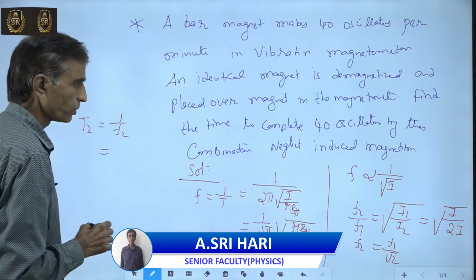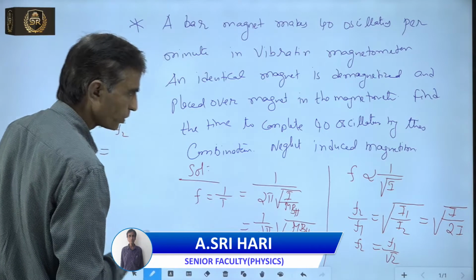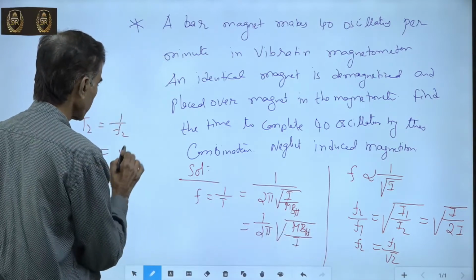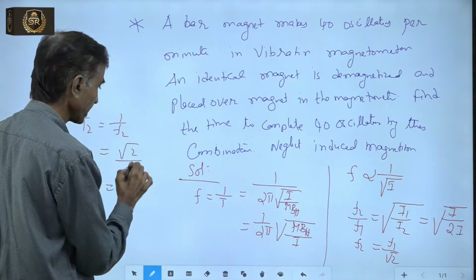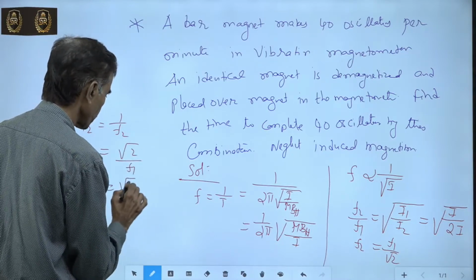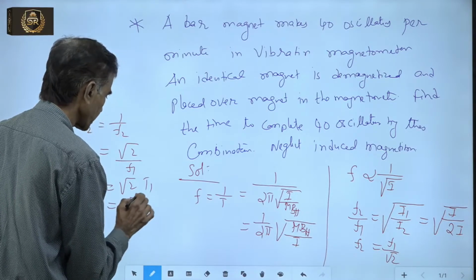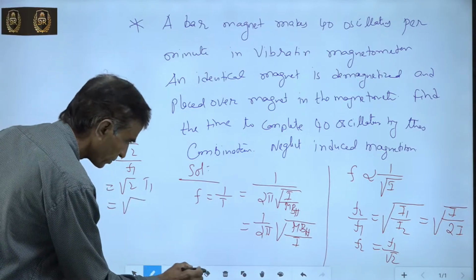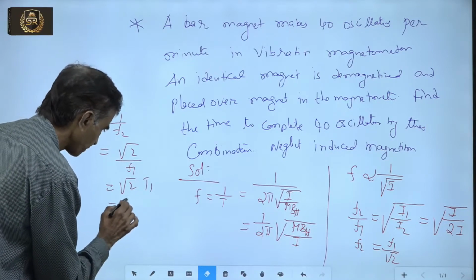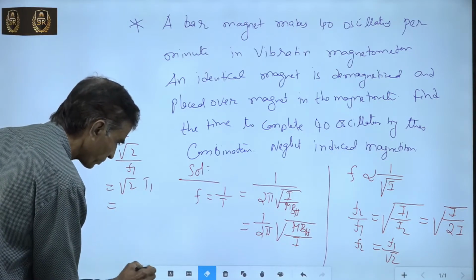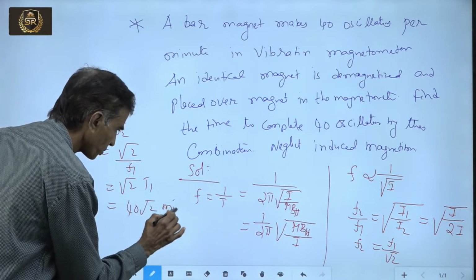That is equal to 1 by F2, which is equal to root 2 by F1, but 1 by F1 is T1. So root 2 T1, that is 40 root 2 minutes.